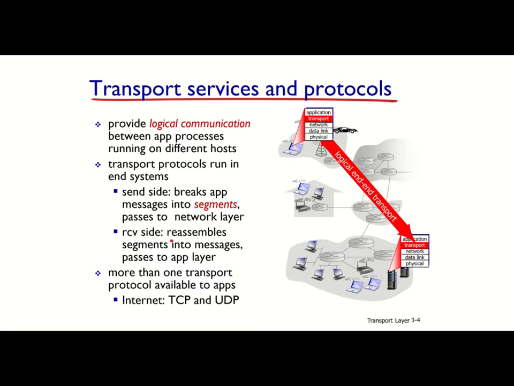So on the receiving side, we reassemble segments into messages, and then after we do this in the fourth layer, we pass it to the fifth layer, which is the application layer.